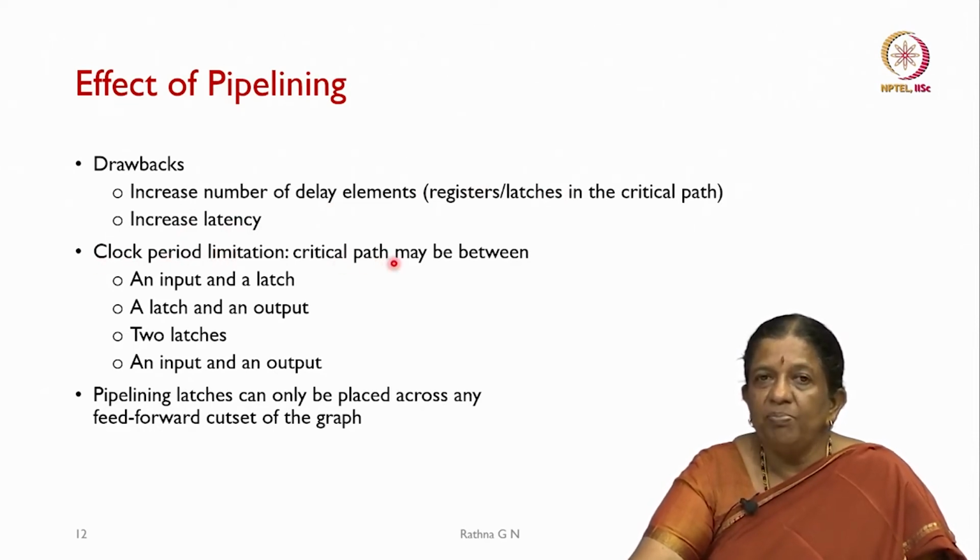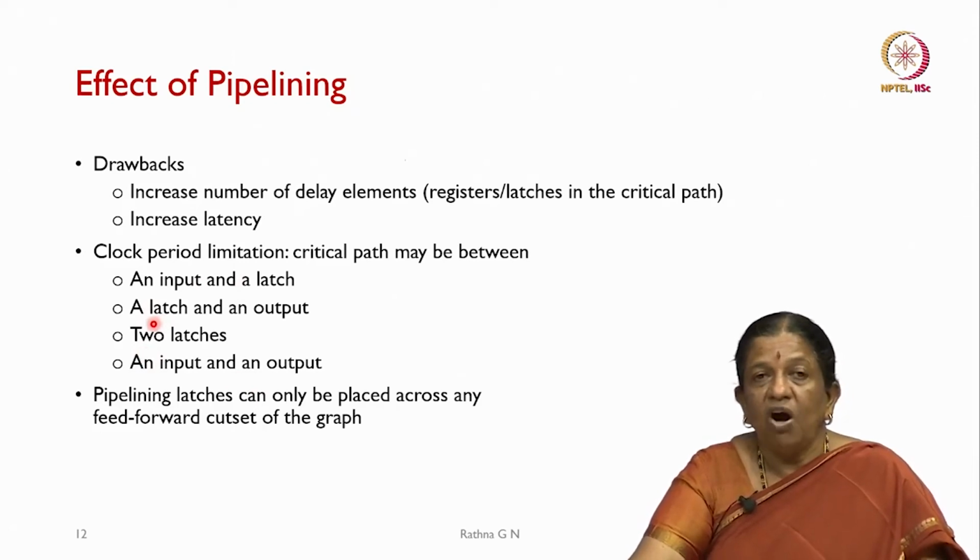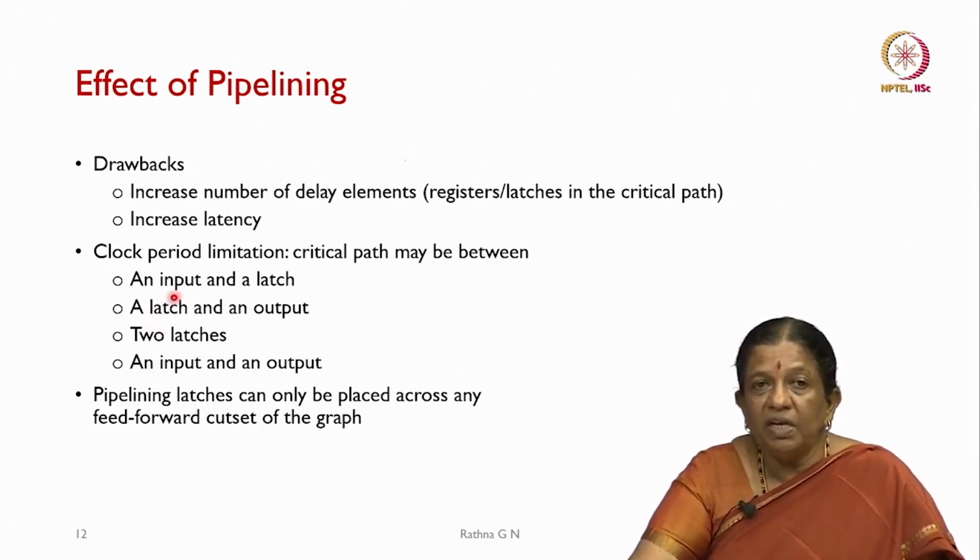The critical path may be between an input and a latch, a latch and an output, or between two latches, or an input and an output. So, this we call the critical path. This is how we measure how many multipliers or accumulators, or how much hardware, is in between these two points.